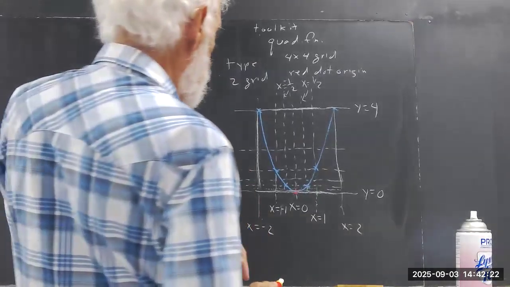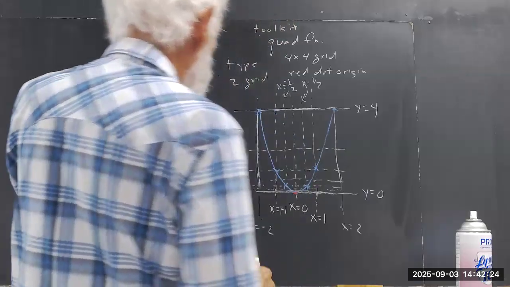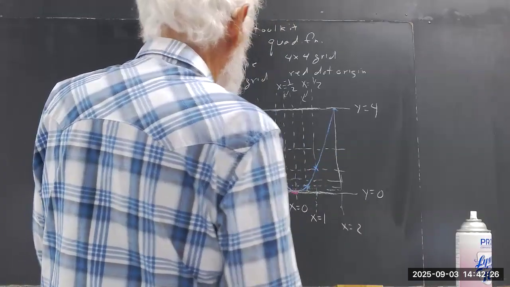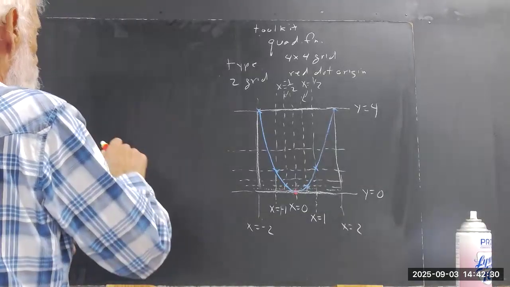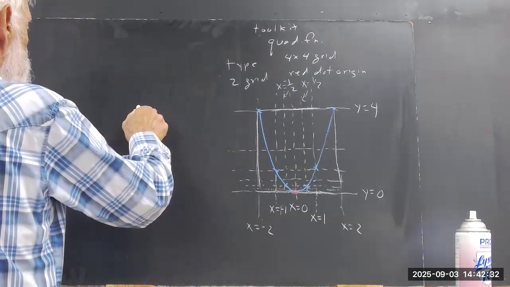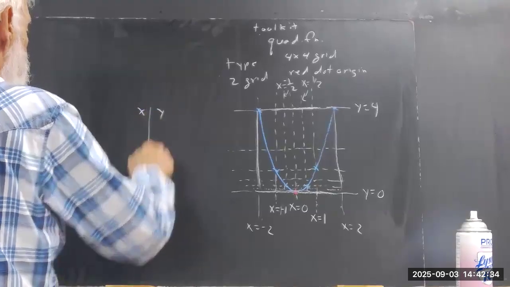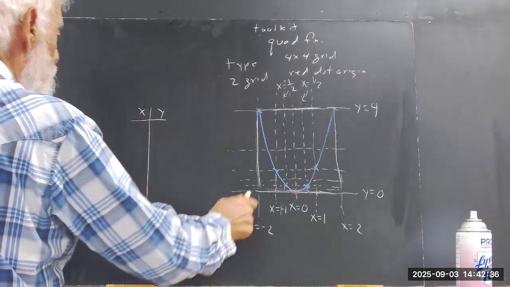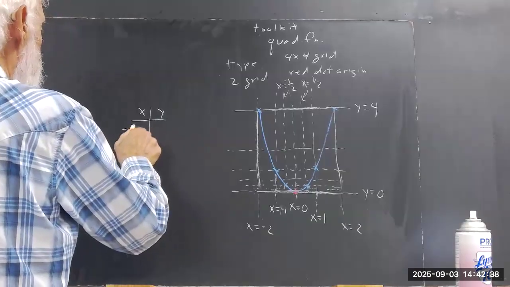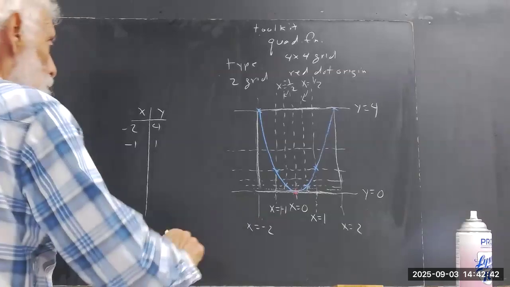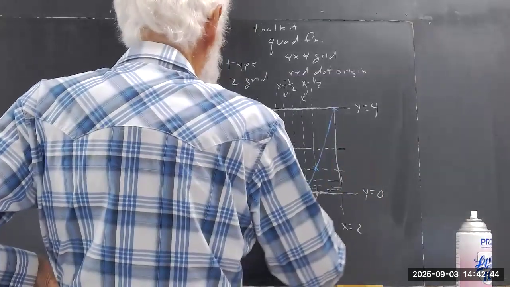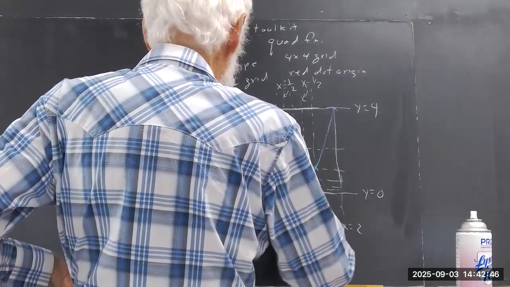We understand now what the x coordinates and y coordinates are for all our grid points, and we list them. I'm not going to belabor this a whole lot. We have the point -2, 4, then -1, 1, and let's finish labeling the grid lines.